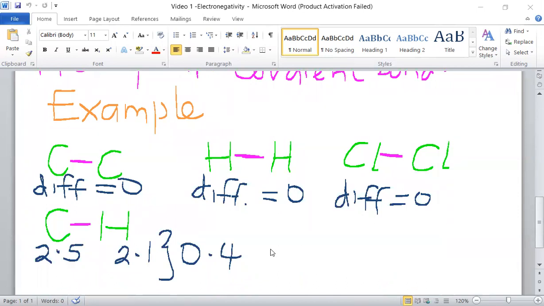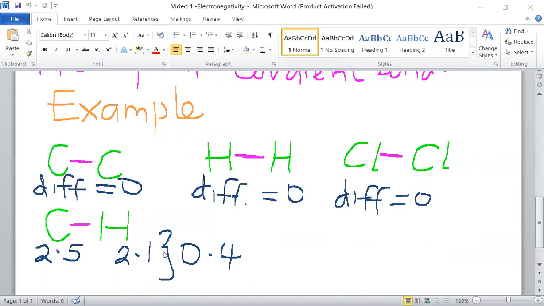Let us also look at another example. In this example, carbon is bonded to hydrogen. Here, the atoms on either side of the covalent bond are not the same, carbon and hydrogen. The electronegativity of carbon is 2.5 and that of hydrogen is 2.1, and so the difference is 0.4.